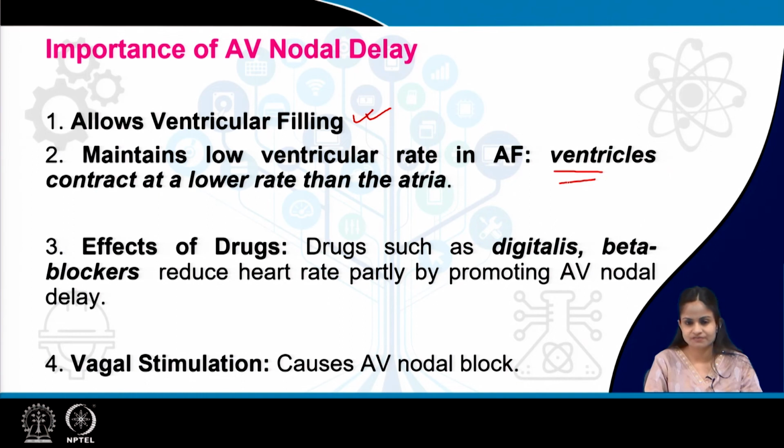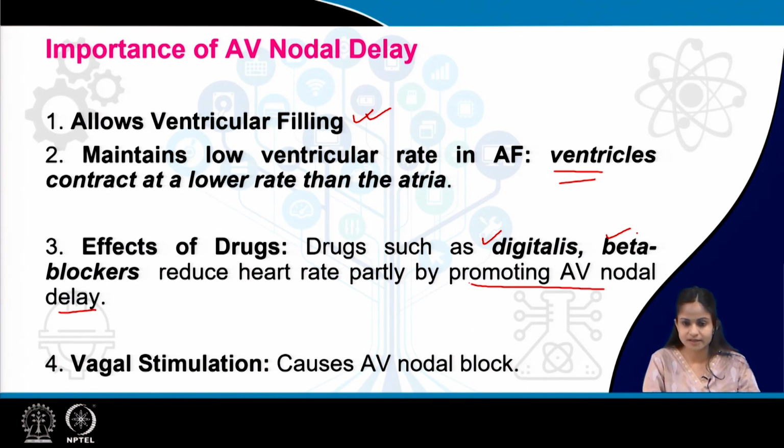Also, there are drugs which reduce the heart rate, partly by acting at the level of the AV node by promoting the AV nodal delay, that means increasing the AV nodal delay. A few examples are digitalis and digoxin, or beta blockers. Digitalis and digoxin's mechanism of action has already been discussed, that is, it is a blocker of the sodium potassium ATPase pump, and beta blockers act on the beta 1 receptors present in the heart.